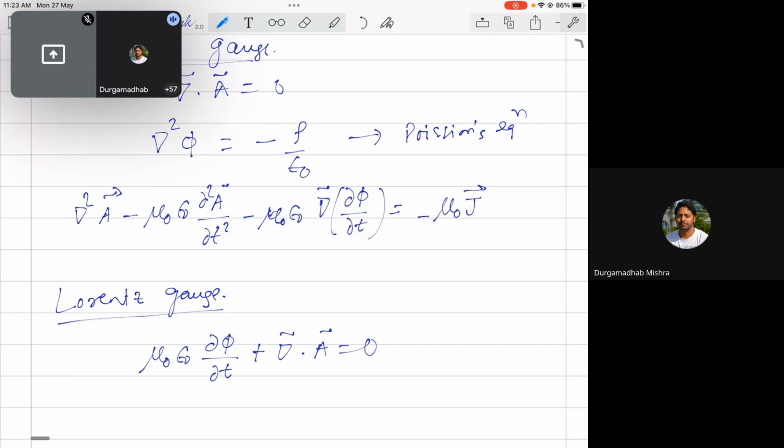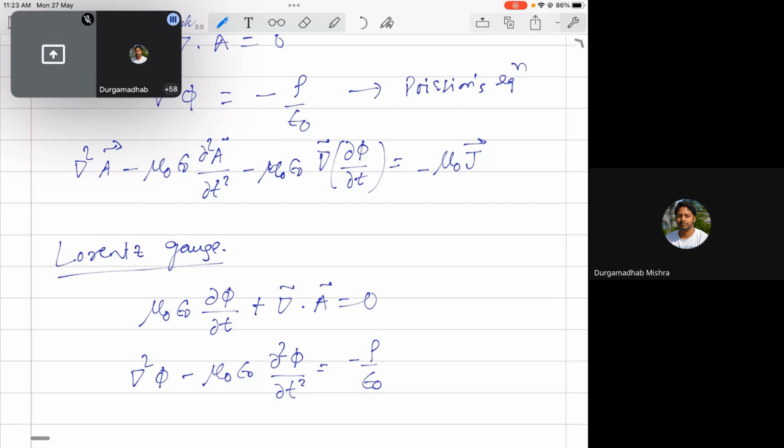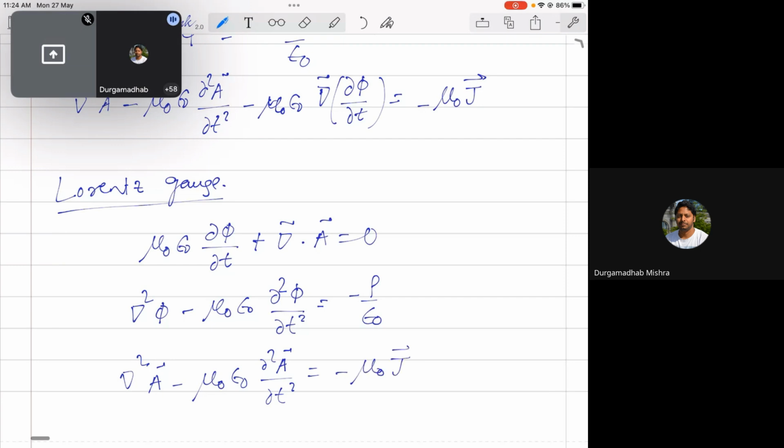Now if you substitute this, the first equation becomes del square phi minus mu naught epsilon naught del square phi by del T square is equal to minus rho by epsilon naught, and del square A minus mu naught epsilon naught del square A by del T square equal to minus mu naught J.